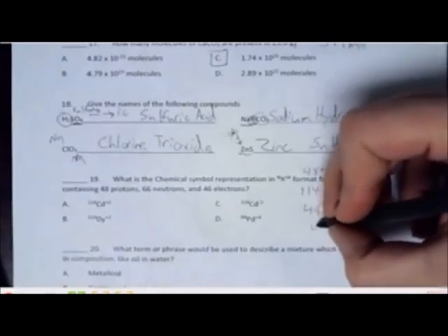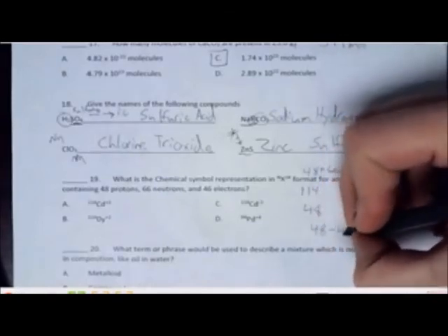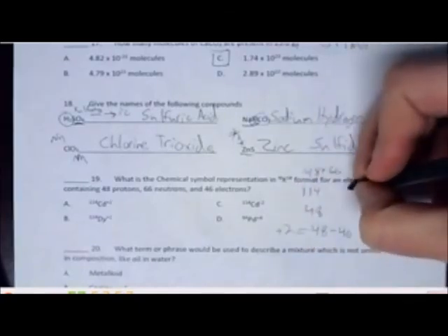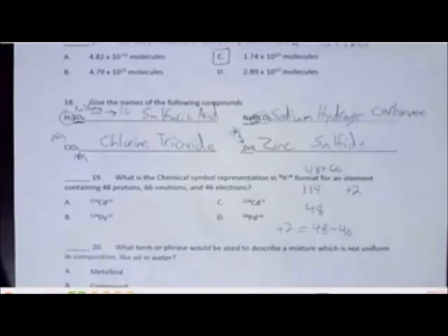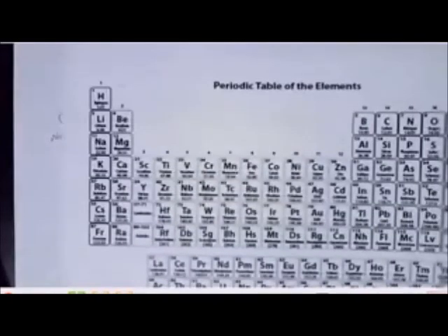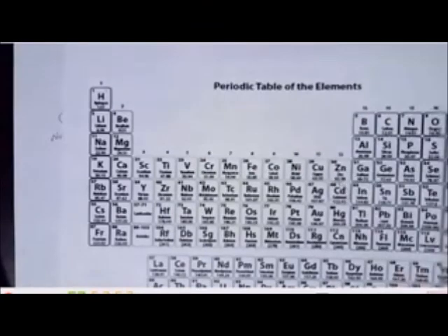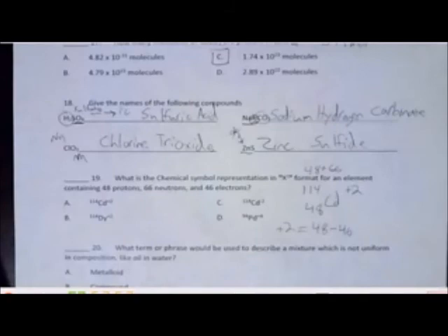And 48 minus 46 would be something like positive 2. So whatever the element is, how do we figure out the element? To figure out the element, we look at the periodic table. What element is 48? 48 is cadmium. So Cd, 114, 2 positive.